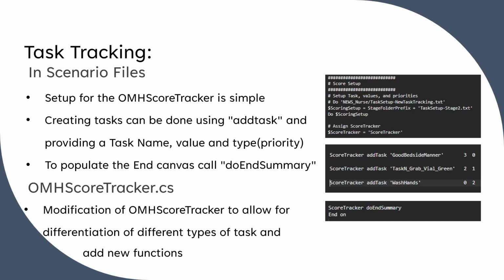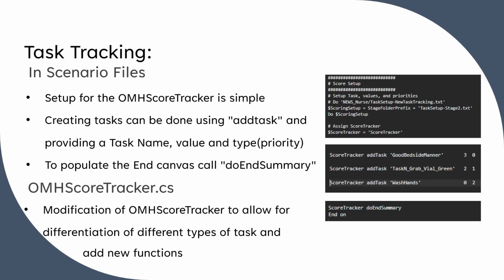Next, creating tasks is fairly simple. So this can be done using the add task message and providing a name, value, and type, which is known internally as a priority. So in the middle image on the right, we have 3 examples of creating each of the types of tasks. So we have good bedside manner, followed by its value, which is 3, and then the priority, which 0 signifies an optional task.